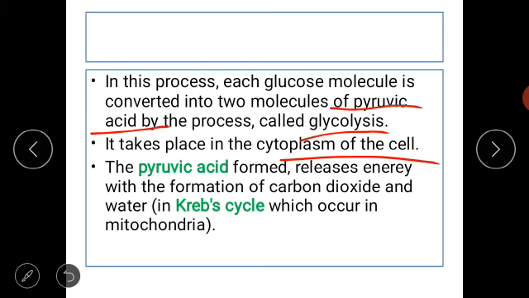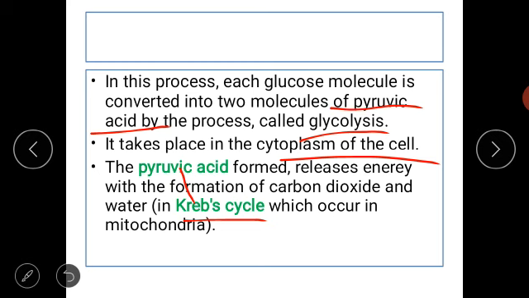This pyruvic acid then enters into the Krebs cycle. After production of pyruvic acid, it enters into the Krebs cycle, and when the complete Krebs cycle is operated, 38 ATPs are produced, meaning energy is produced by the cell.